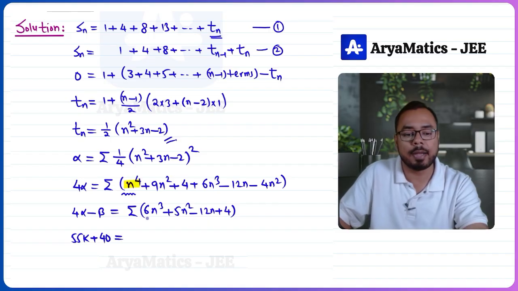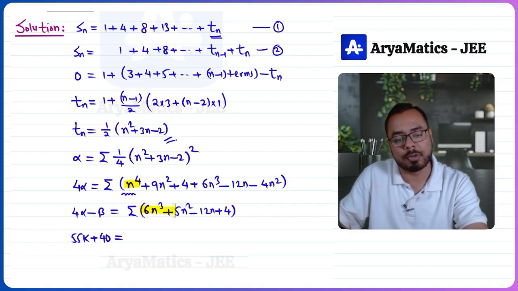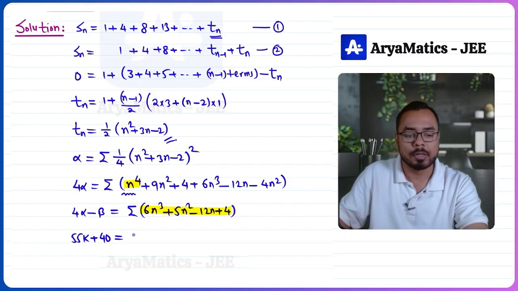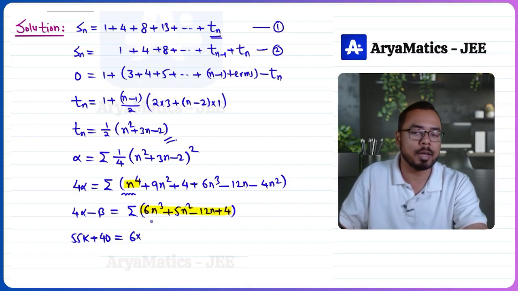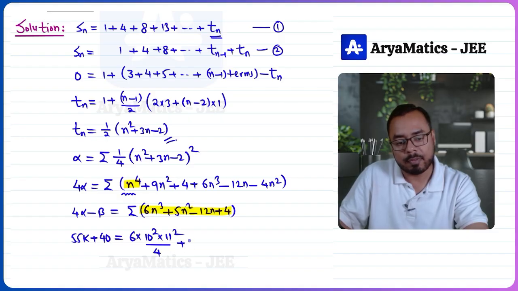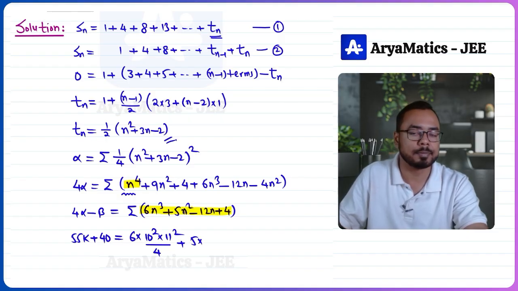And on the right hand side, we need to apply sigma individually on these different terms, and n is from 1 to 10. So 6 we can keep outside. Sigma n cube, so n square, n plus 1 square by 4, and in place of n we have 10. So that means here you will get 10 square, 10 plus 1 square, so that is 11 square, divided by 4. 5 into sigma n square.